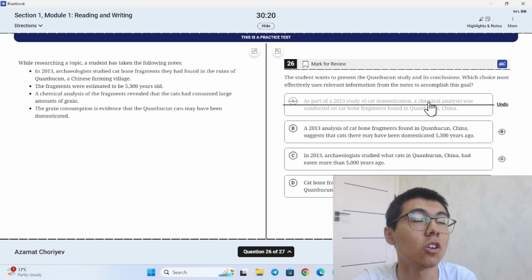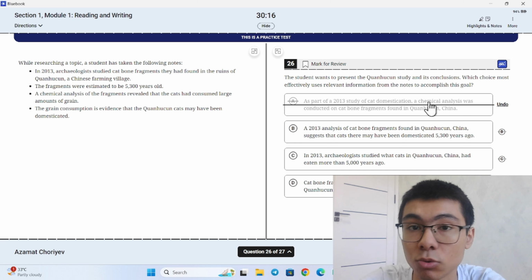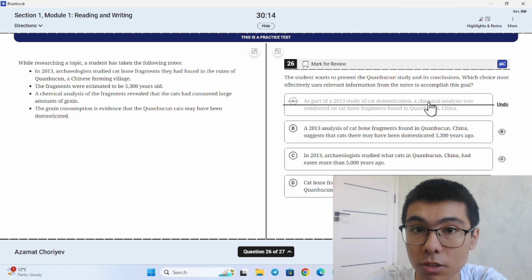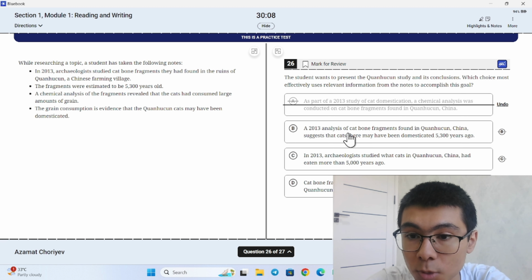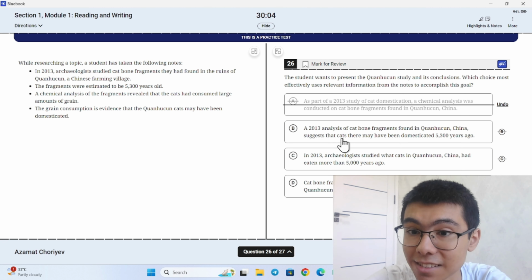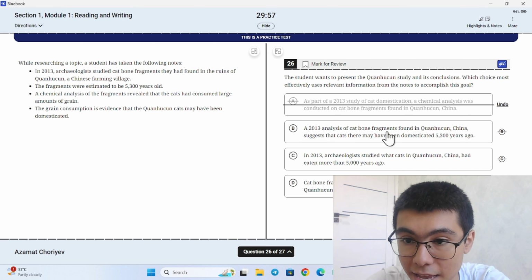You have to say it concluded that, or it suggested that, or any other word that represents conclusion. Choice B, a 2013 analysis of cat bone fragments suggests that cats there may have been domesticated 5,300 years ago. Yes, that's the correct answer because it's telling the study and conclusions as well.